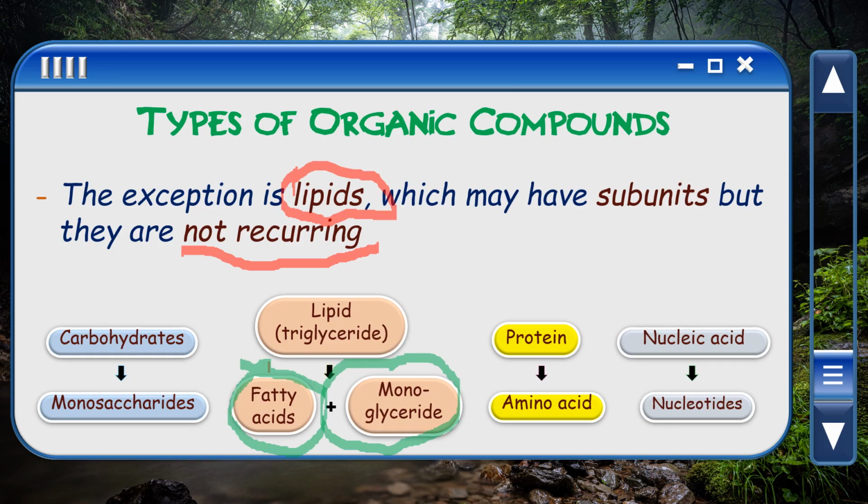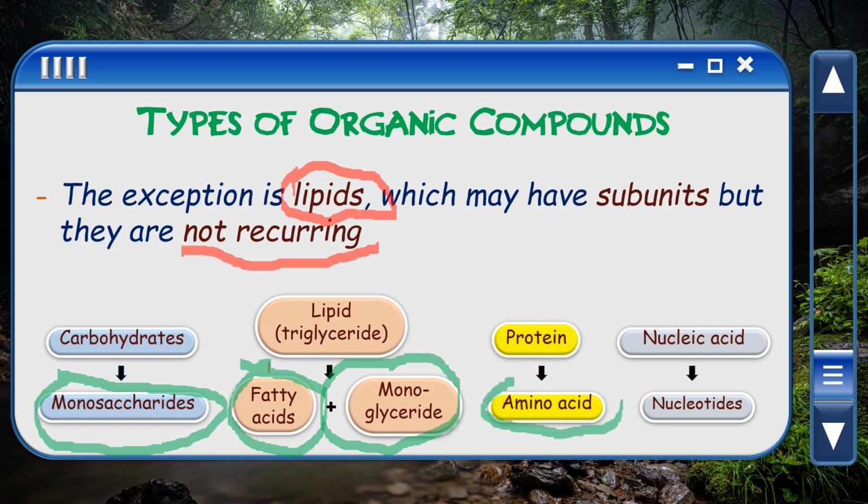But these ones are not reoccurring, like the way we have carbohydrates made up of monosaccharides. Monosaccharides, we call them reoccurring because you have a monosaccharide joining with another monosaccharide, joining to another monosaccharide, joining to another monosaccharide. So they are reoccurring. The same happens to proteins.